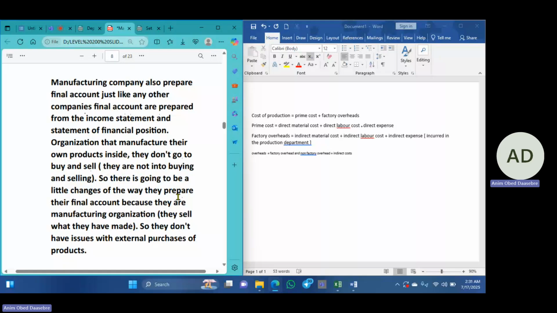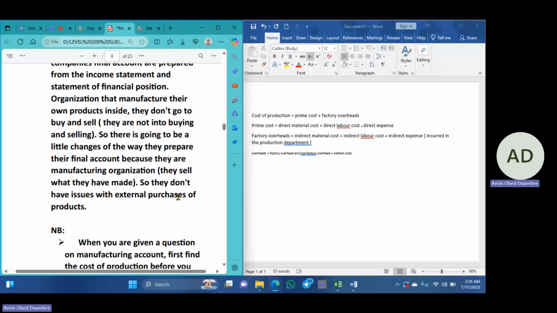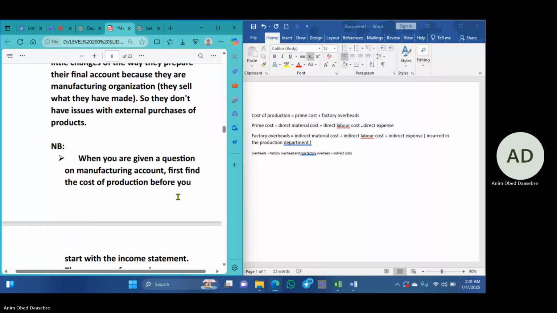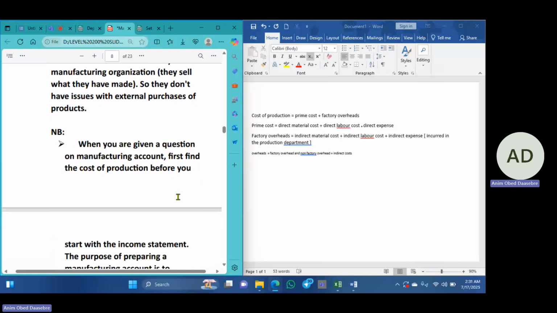So that's the little change. When you are given a question on manufacturing account, the first thing you need to do is find your cost of production.